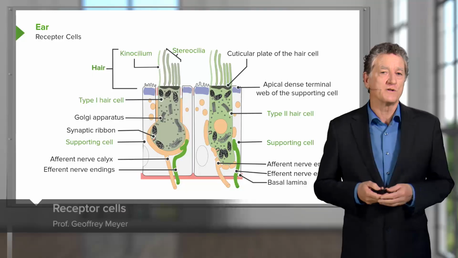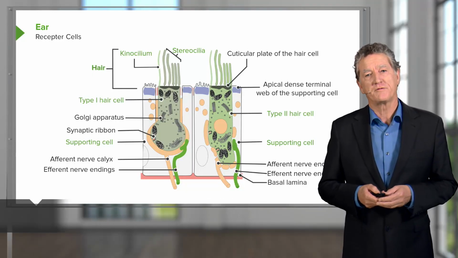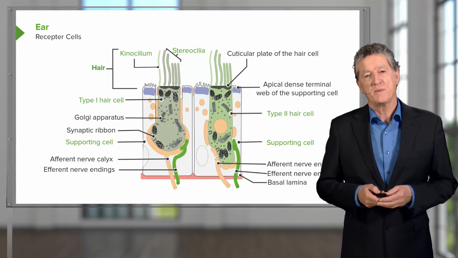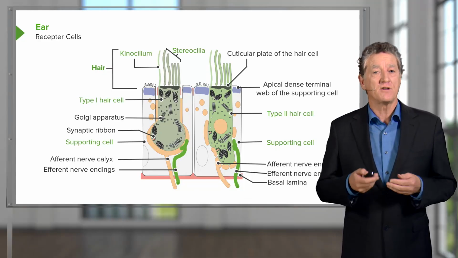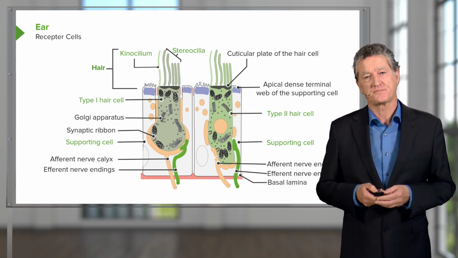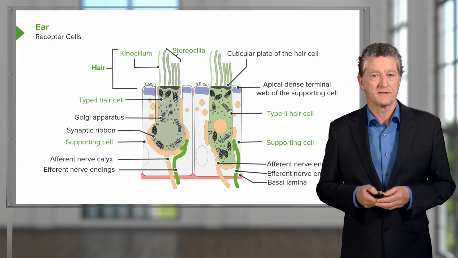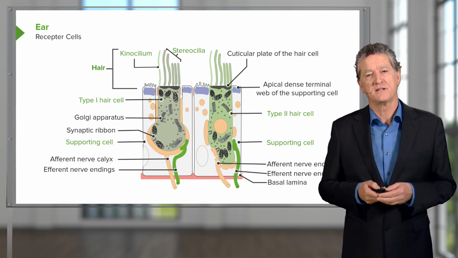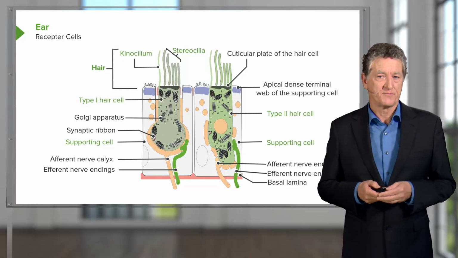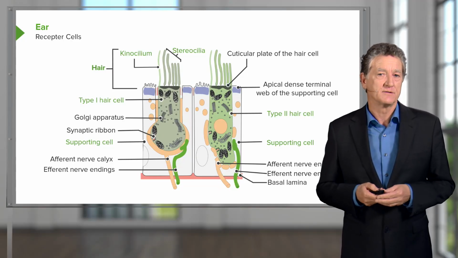Before we move on and look at those sensory structures in more detail, it's important, firstly, to make sure we understand the histology and the ultrastructure of the hair cells. There are 2 hair cells shown here, type 1 and type 2. Hair cells are very similar, whether they're in the crista ampullaris or in the maculae.